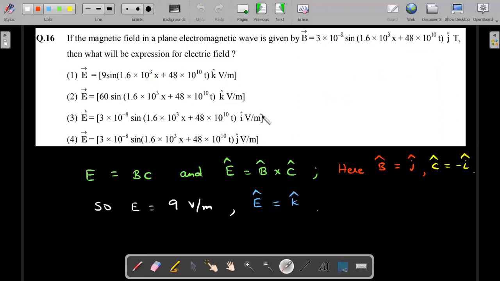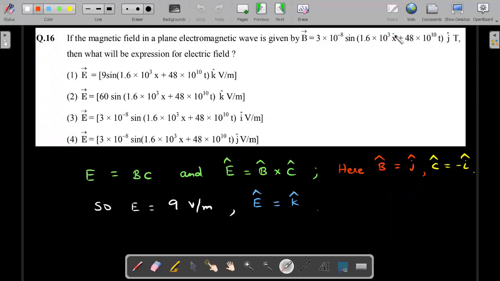Once you notice that part, the only things you need to evaluate are the magnitude of the electric field's amplitude and also its direction. You can see directions are different, magnitudes are different. So the same old trick, E is BC, and E cap is equal to B cap cross C cap. Since he has given B cap is J cap, and for the direction of propagation, I told you already, if this is a plus, then the direction of propagation is minus I cap.